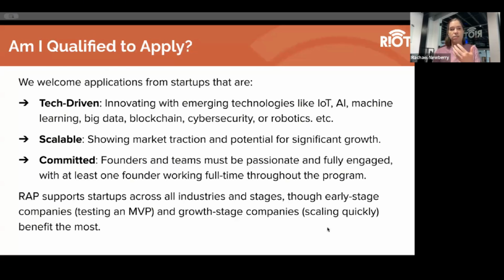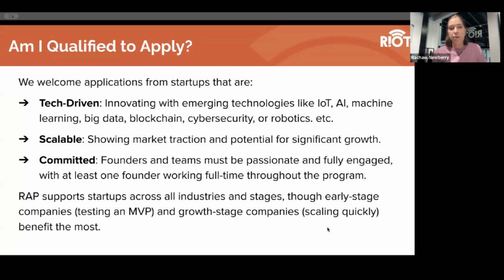Of course, technology iterates over time, but they can grow and scale based on a single product. We're industry agnostic. We're relatively stage agnostic, meaning that no matter if you just have an idea or you're at a growth stage, this program is a good fit for you.